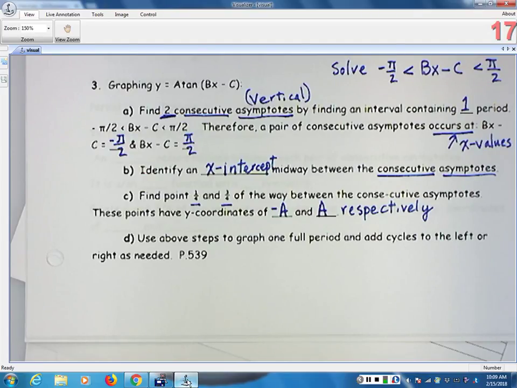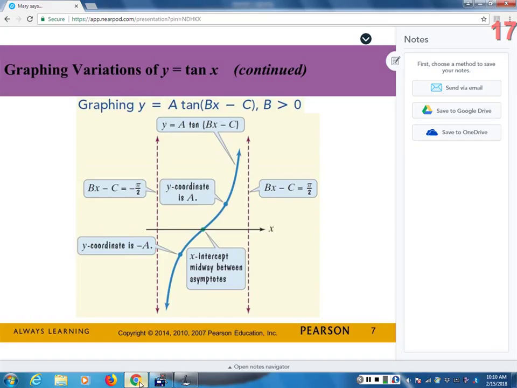So the next slide shows kind of a picture of that. We're going to solve bx minus c equals pi over 2 for x. That value, that vertical line x equals whatever it is, will be one vertical asymptote.